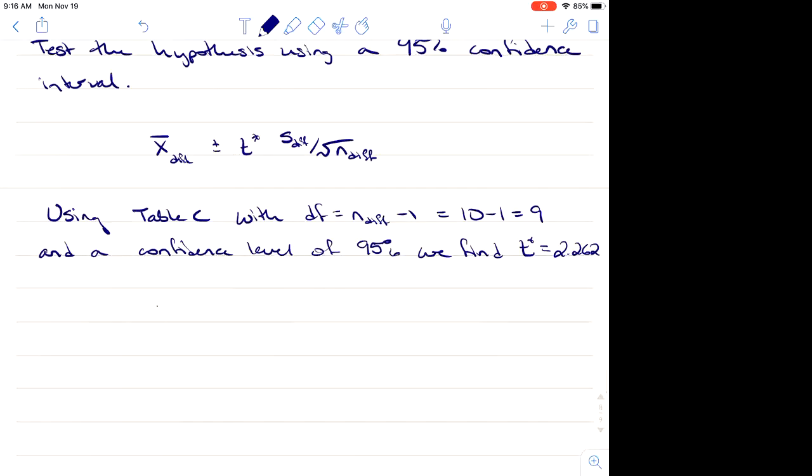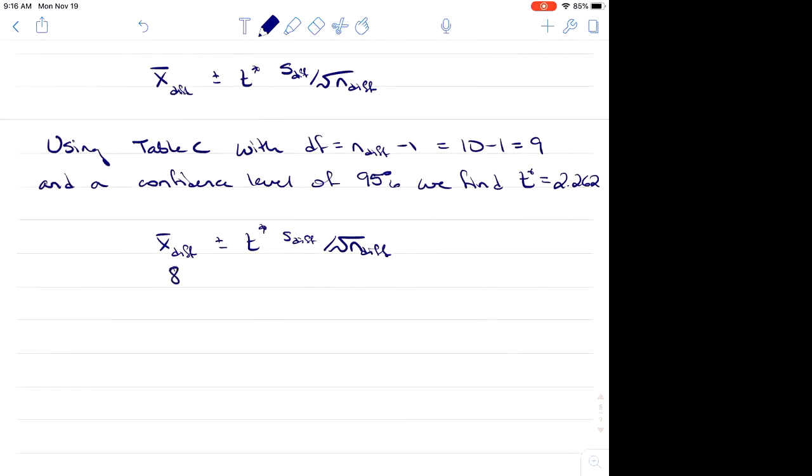So now we can fill in x bar of the differences. I'll just rewrite it down here. t star s diff over the square root of n diff. We have 80 plus minus 2.262 times, oh, it was that big nasty, wasn't it? 84.59052. Yeah, over the square root of 10.